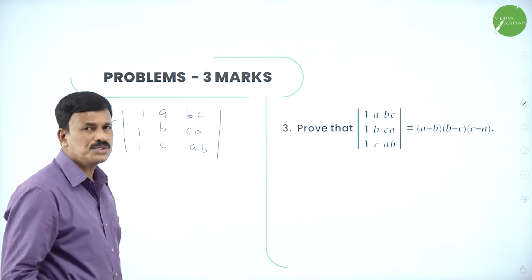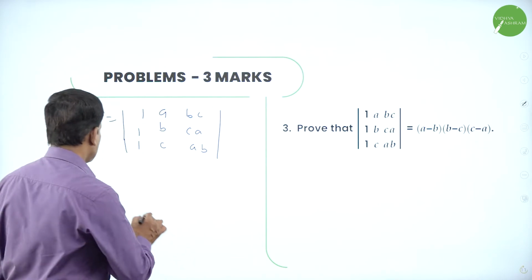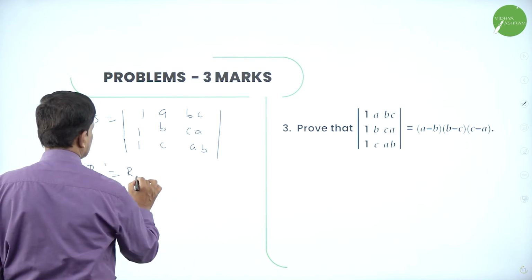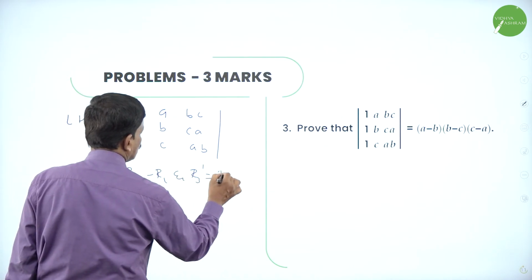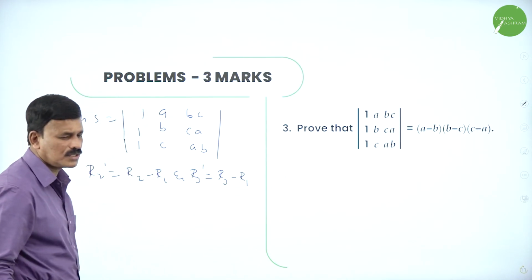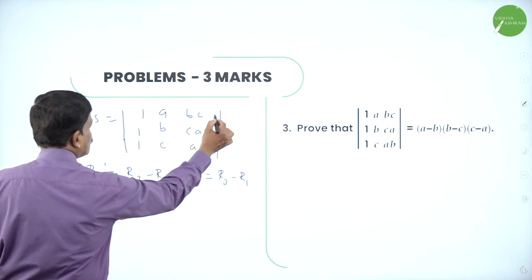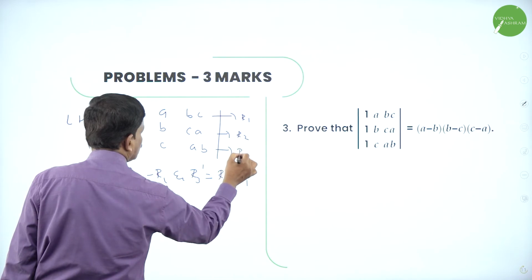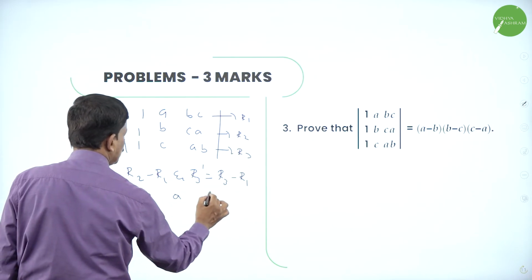You can use R2 and R3. So R2 dash is equal to R2 minus R1, and R3 dash is equal to R3 minus R1 or R2, anything you can take. So let us take this. First, R1 is the same: 1, a and bc.